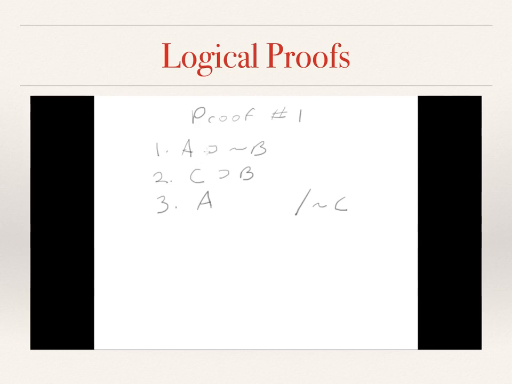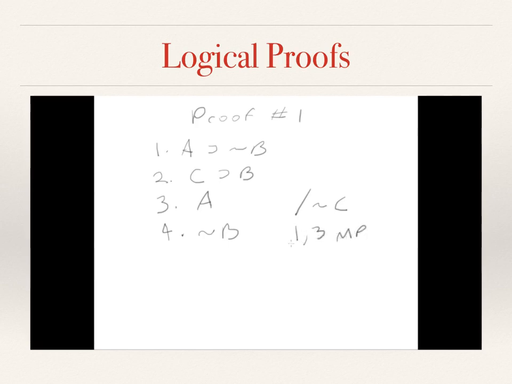If it were a conjunction, A dot not B, then we could, but we would have to get the not B by itself by another way, and that other way would be modus ponens. So if we had A, then we could conclude not B, and we do have A on the third line. So now we can go about making our proof. On the fourth line here, we can plug in A, and then A implies not B to get not B. This is modus ponens with lines 1 and 3.